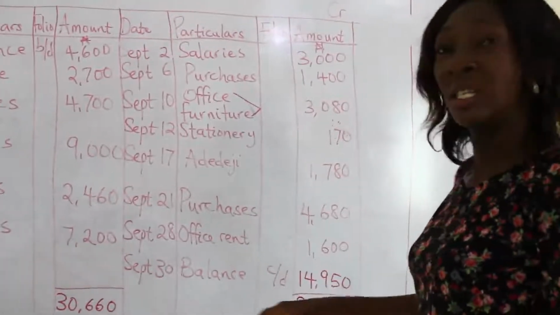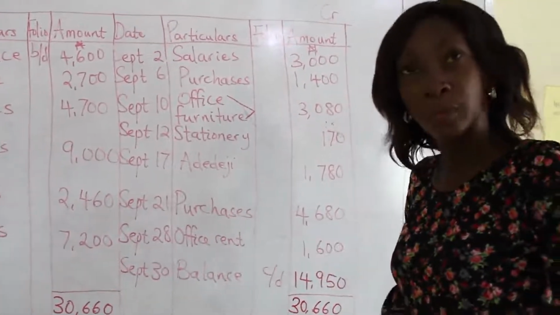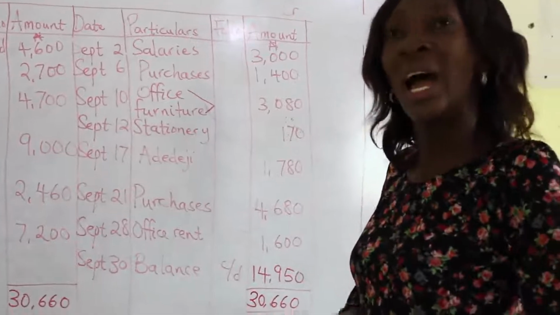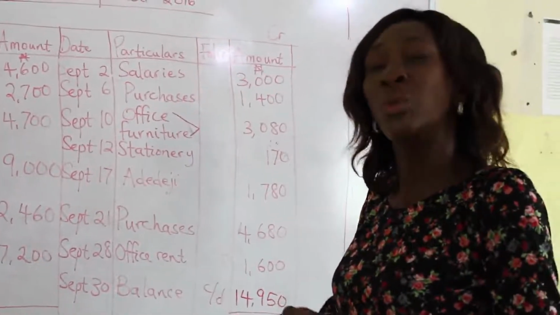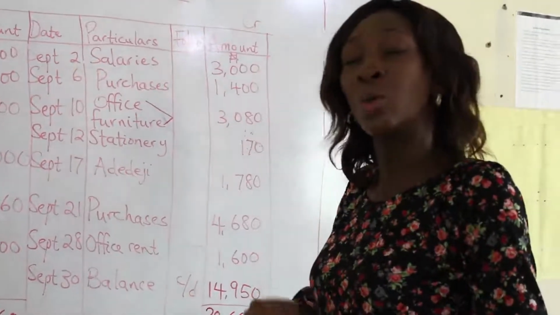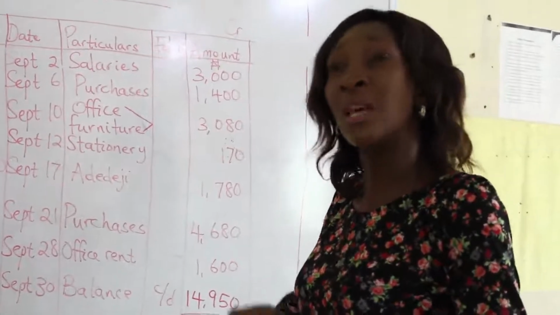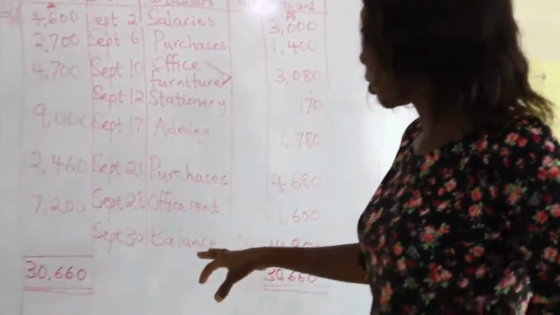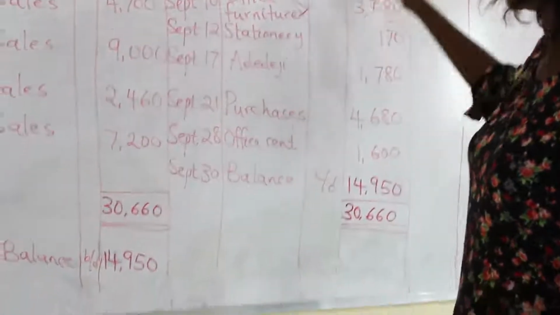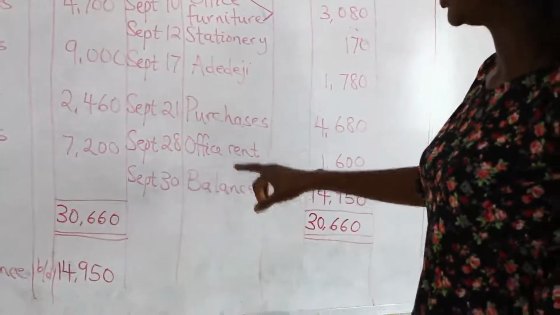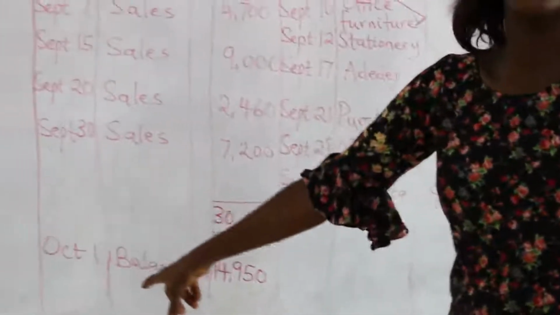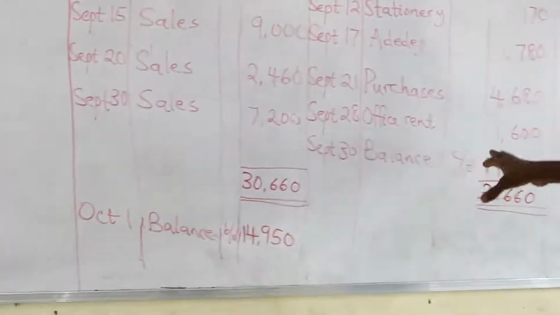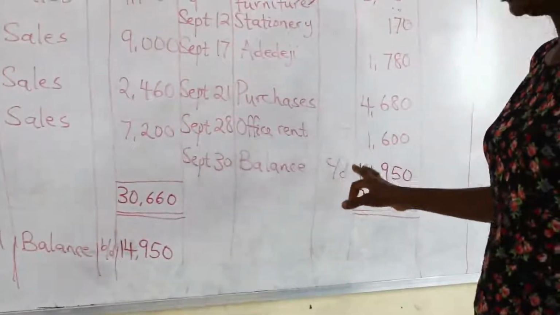It shows that the business is buoyant enough. It shows that the business has enough cash with which to run its transactions or its affairs for the following month. So that is the importance of having a credit balance, which will be translated to a debit balance in the following month at the credit side of the cash book.